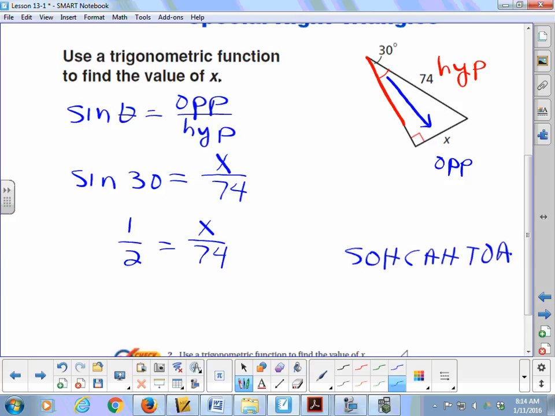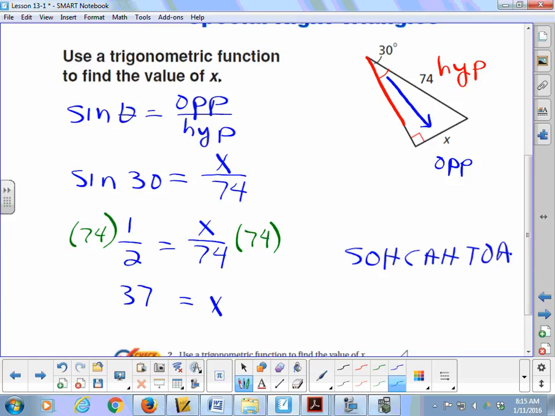All we need to do is multiply by 74 on both sides. So x equals 37. And make sure you pay attention, any time you have units, that you put the correct units on there.